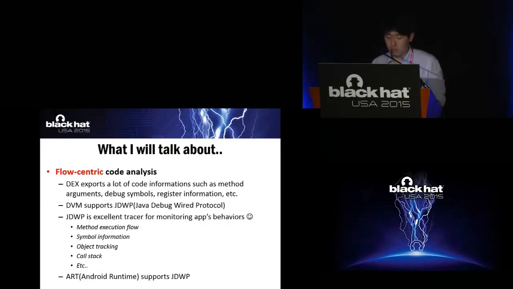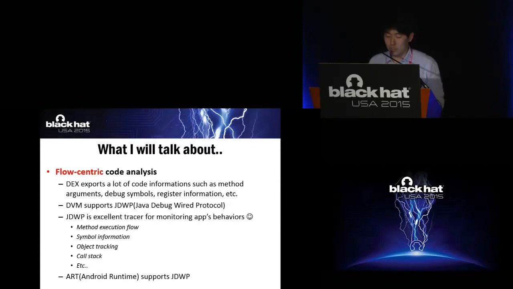For example, the DEX format exports method arguments, class structure, and external method information that is invoked inside the classes of the DEX file. And then the DVM supports JDWP. JDWP is the Java Debug Wire Protocol. It is used to debug Android applications. When we implemented flow-centric code analysis as a tool, JDWP was an excellent tracer engine.